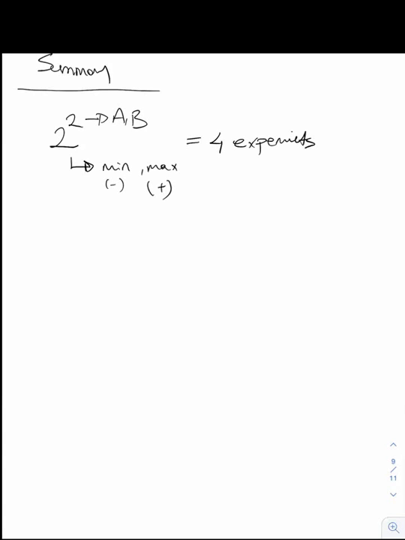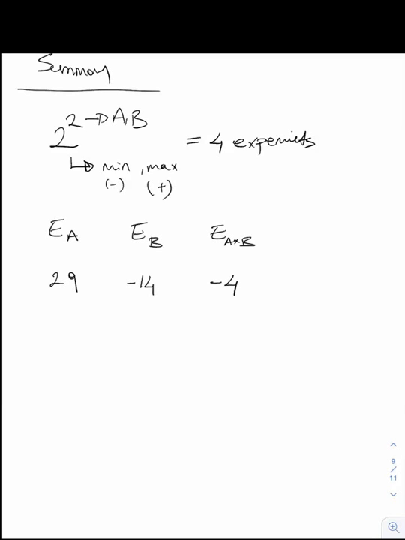Using those 4 experiments, we have calculated the effects for A, effects for B, and then the interaction of A and B. We have found that the effect of A was 29, effect of B was minus 14, and then the effect of AB was minus 4.